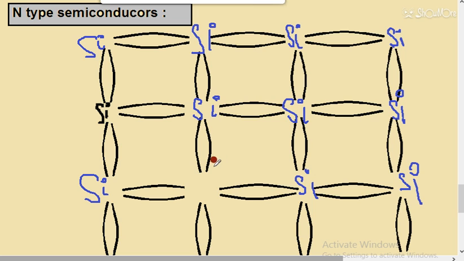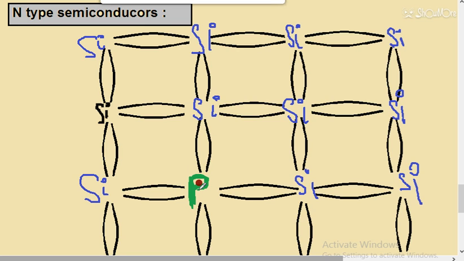Now see, we have to dope one atom of, let's suppose, phosphorus, or you can say arsenic. You can take phosphorus or arsenic, anyone. So I am taking phosphorus here. You can take the example of arsenic also. You have to take basically a pentavalent impurity.